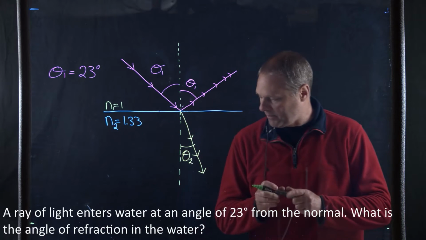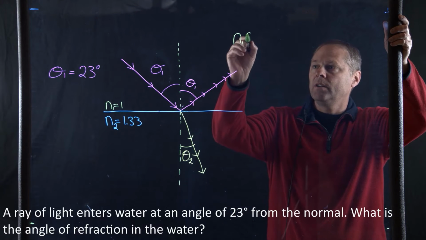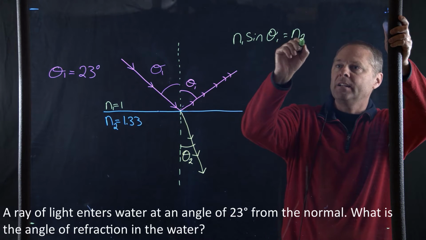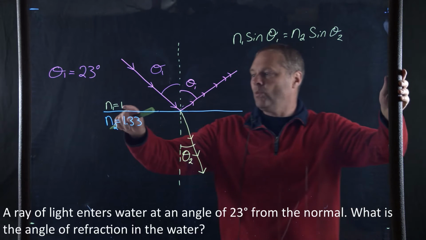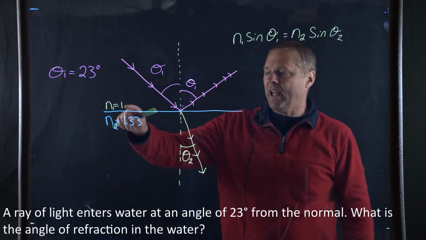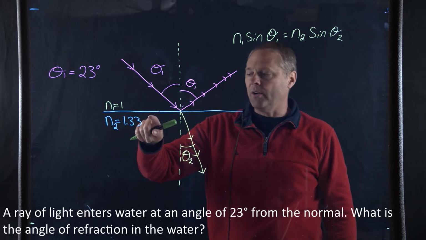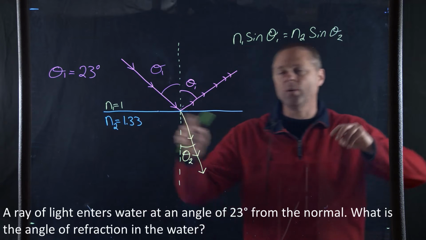And what we have here is n1 sine of theta 1 is equal to n2 sine of theta 2. Now n1 is going to be air, and it's going to have an index of refraction of 1. This is going to be water, and it's going to have an index of refraction of 1.33.